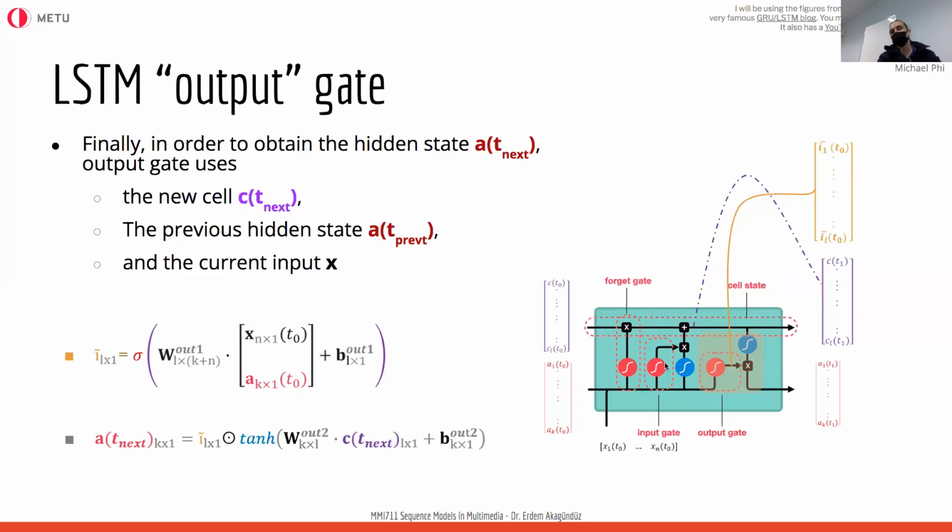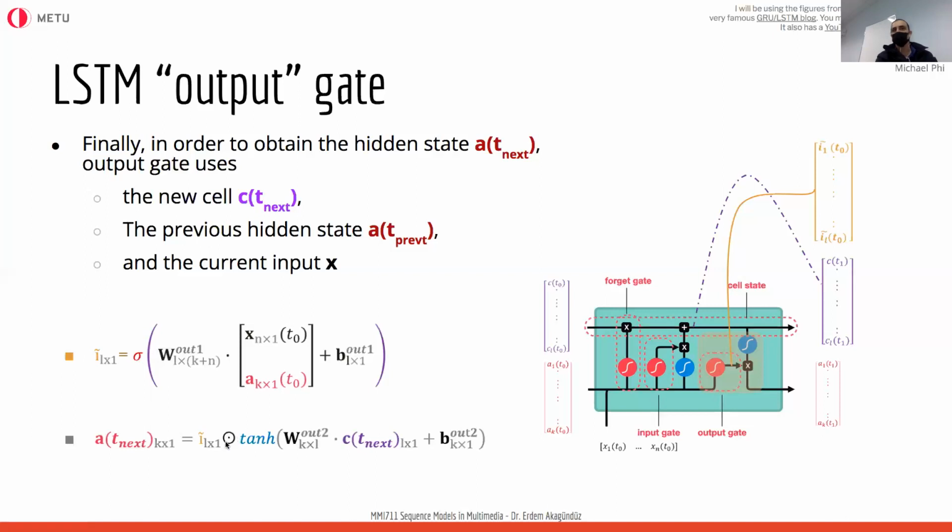And the mathematics of it is quite simple. As you can see, the input and the previous hidden state are concatenated here, fed to this perceptron, this node. So we have some weights with bias, and there is a sigmoid. At this point, we have i tilde, which is here. i tilde is used to fuzzy gate the output here, which is the cell state, only the cell state vector being applied to the perceptron and an activation function, which is tanh.